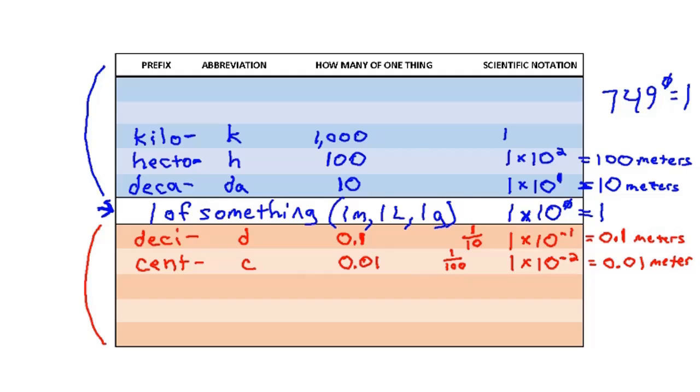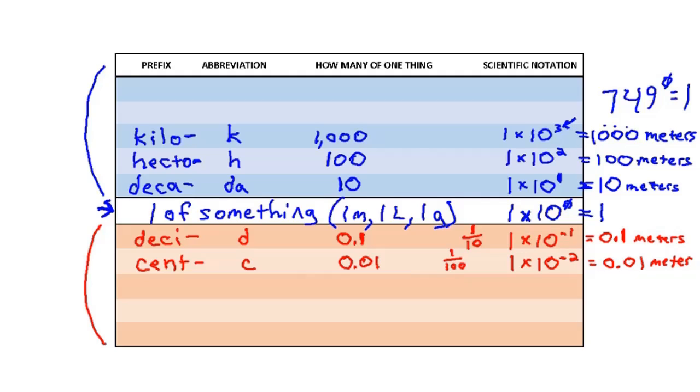And the scientific notation for that is going to be 1 times 10 to the third, because there's 1, 2, 3 zeros after the 1. So that makes up the third. 1, 2, 3. So that's 10 to the third. So if we have 1 kilometer, we're going to have 1,000 meters.